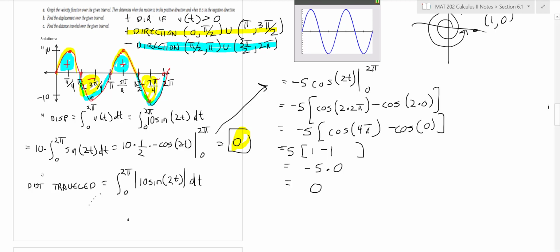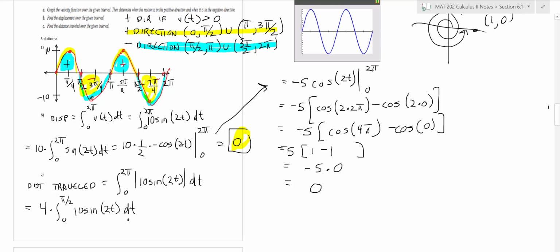So what you can do is break this up like this. We know this area right here is positive, and we know how to integrate just positive 10 sine 2t. So we're going to say 4 times the integral from 0 to pi over 2 of 10 sine 2t dt. That's what we're going to work out.